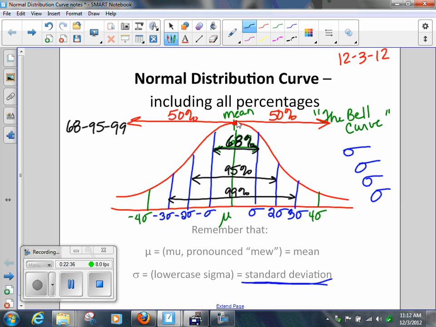Because it's half of 68, isn't it? You got to know this too. Write this down. This little piggy is 34%, which means the percentage on the left, one standard deviation away from the mean, is also going to be 34%.